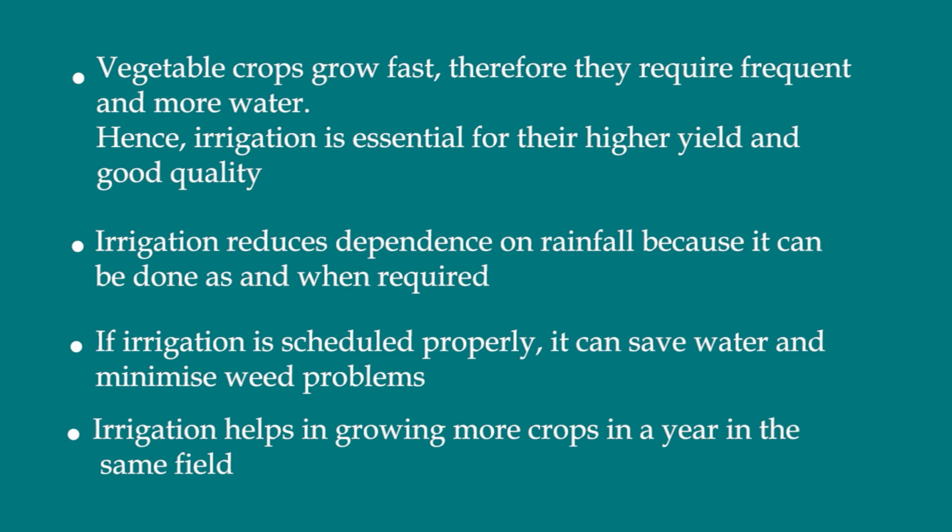Hence, irrigation is essential for their higher yield and good quality. Irrigation reduces dependence on rainfall because it can be done as and when required. If irrigation is scheduled properly, it can save water and minimize weed problems. Irrigation helps in growing more crops in a year in the same field.